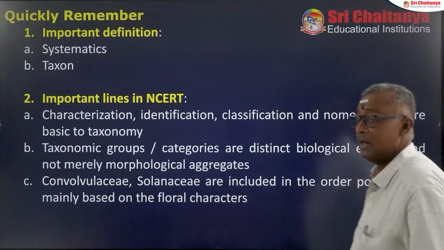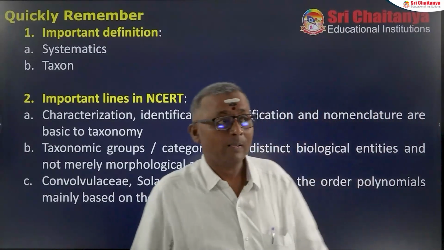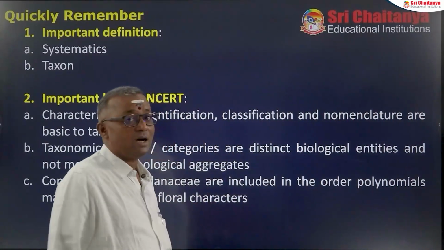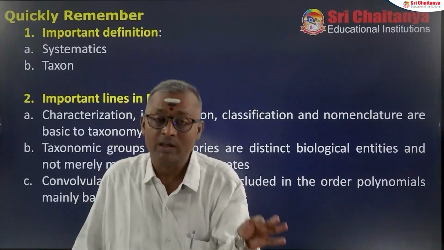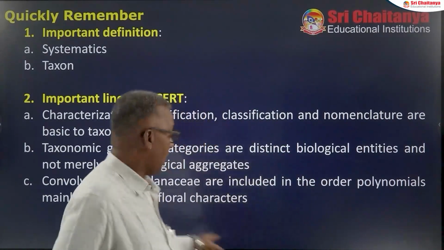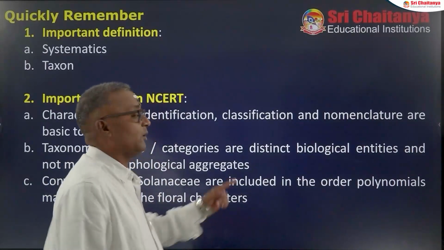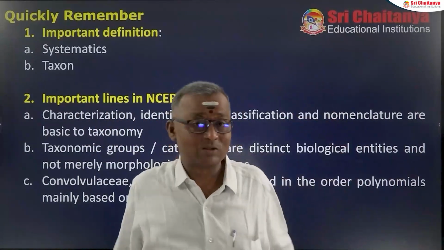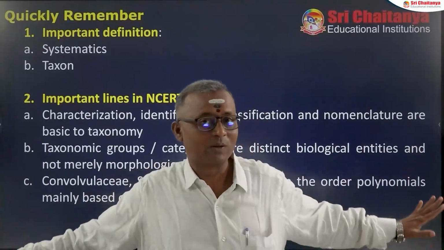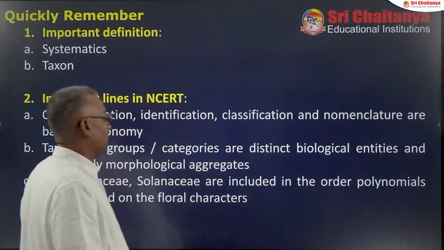Many forget that Convolvulaceae and Solanaceae are included under Polymoniales on the basis of mainly morphology, mainly floral characters. It is mainly floral characters, not only floral characters, that you have to remember.